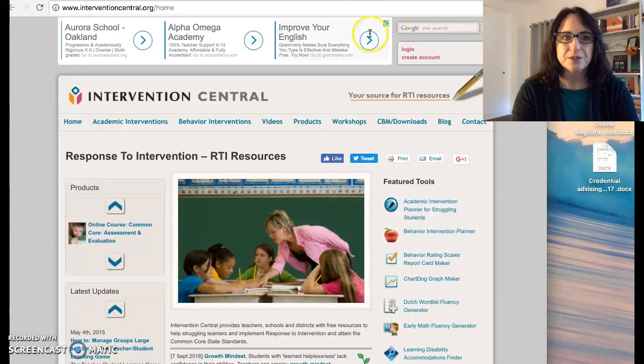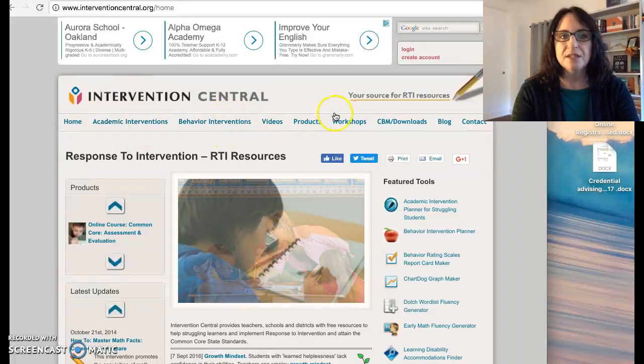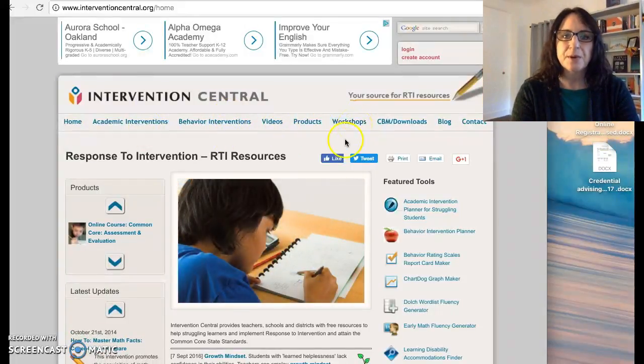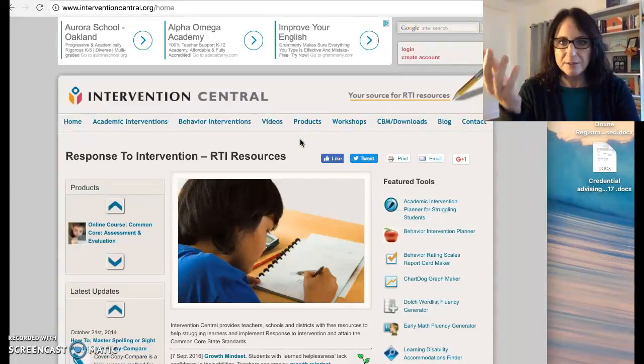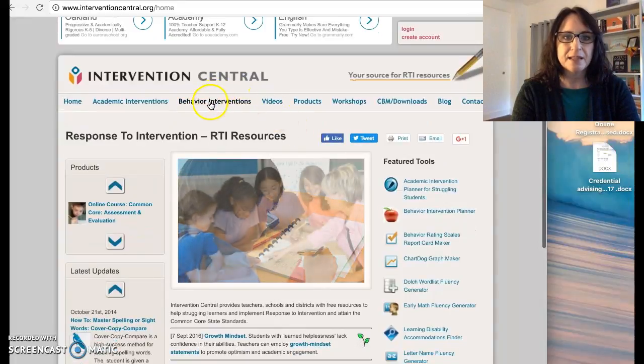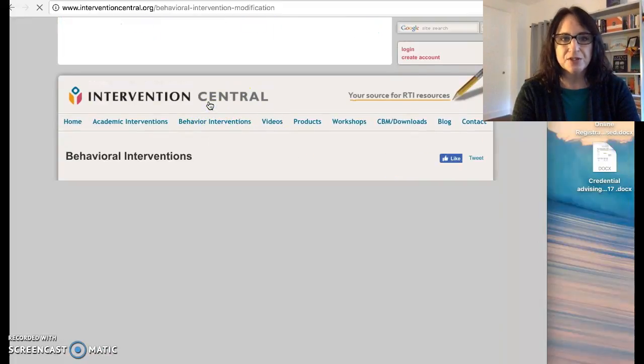The other resource we went to was Intervention Central. Remember, they have academic interventions, behavior interventions, they've got videos, products and workshops as well. They have a blog where different educators talk about different themes. And last night we went over the behavior interventions, and still loading.